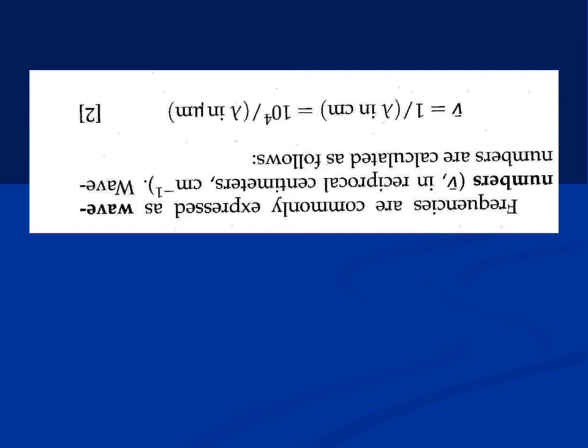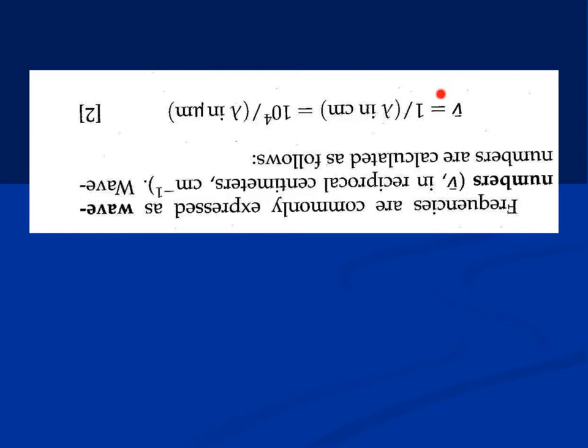Normally radiation is measured in frequency, not in wavelength, as I will show you in the diagram here, that it is the inverse of the wavelength. We call it wave number. So remember this thing, that it is centimeter inverse because it is the reciprocal of wavelength.